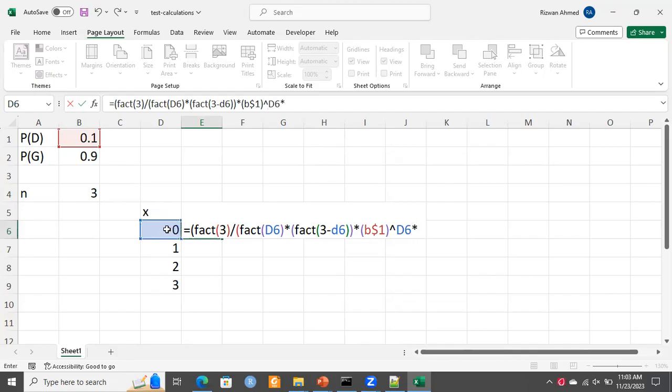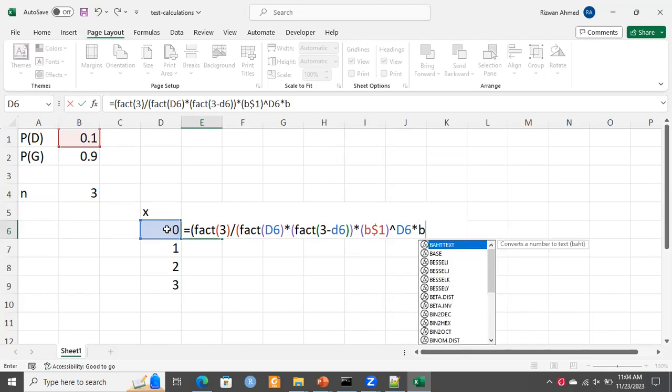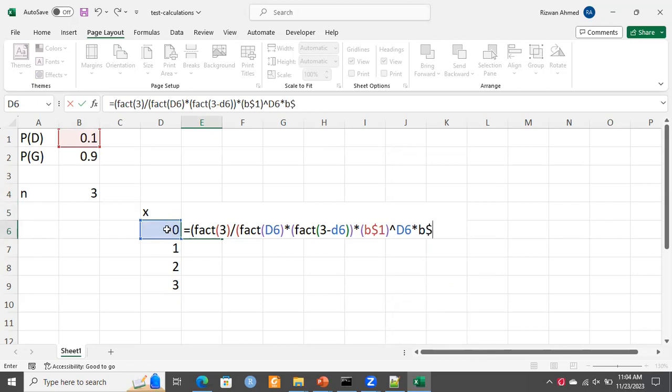And then good, raised to the power, good component, it is at $2 and raised to the power n minus x. So n is 3 minus x. X is at D6. That's going to be the calculation, right?